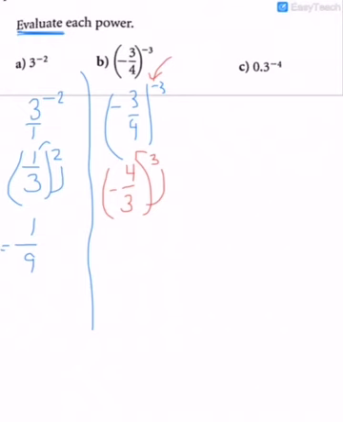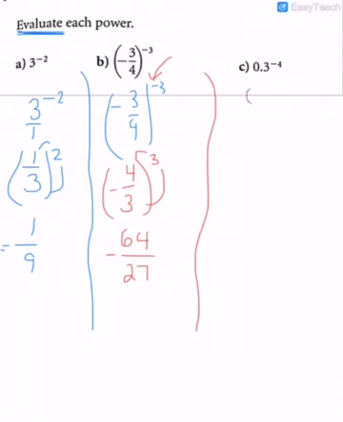So we have 4 cubed, which is 64, and 3 cubed, which is 27, but this whole thing is still negative, because when you cube a negative, it's still negative. So that would be our answer, -64/27.